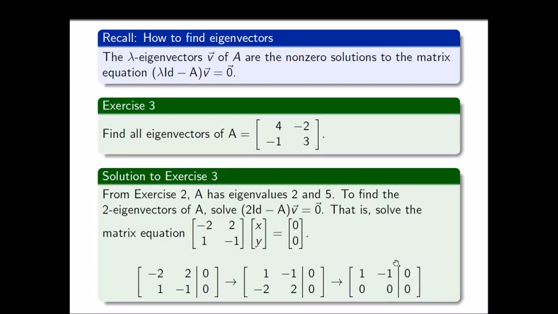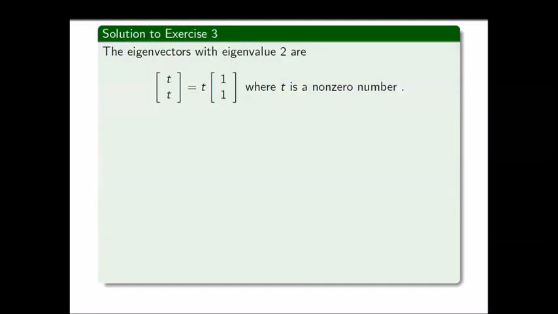So that means there are going to be more than one solution. And note that this first row now corresponds to the equation x minus y equal to 0, which just means x equals y, and therefore all the eigenvectors with eigenvalue 2 are going to be of the form (t, t), or a vector given by t, where t is any non-zero number.